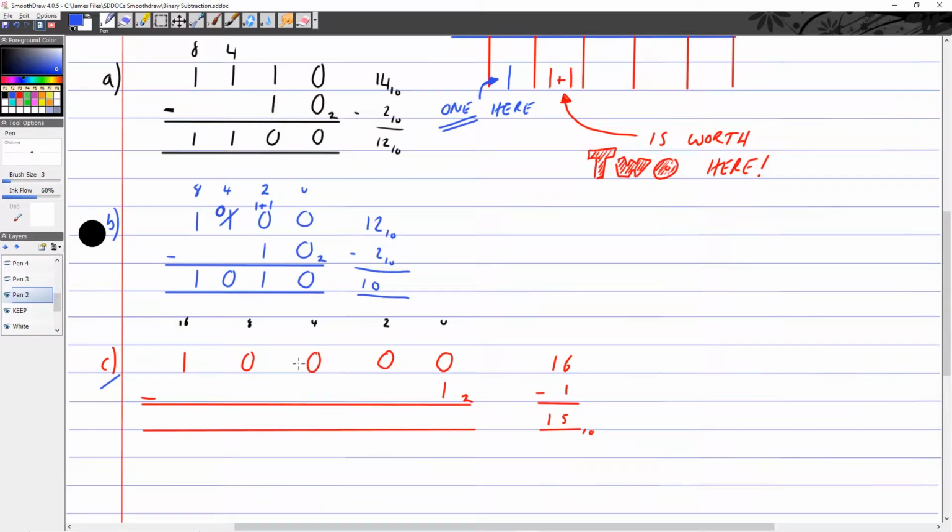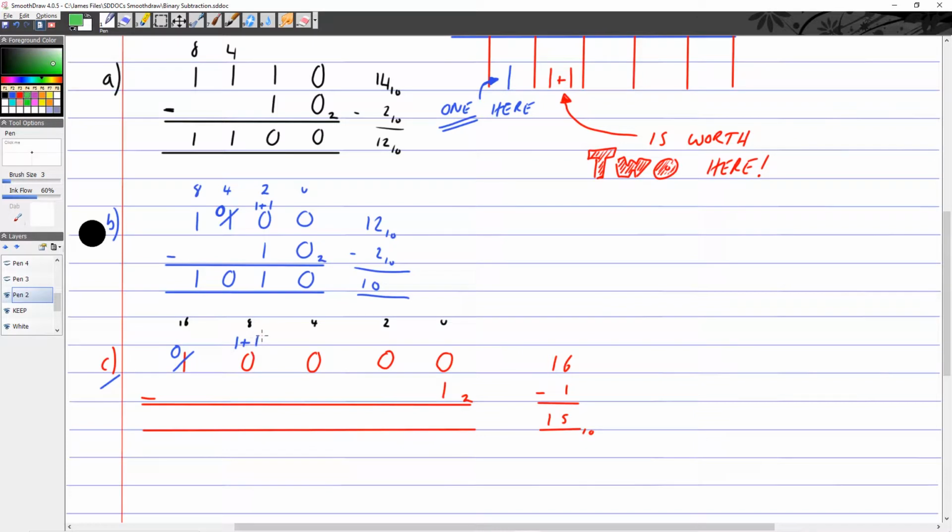We look to the next, and there's nothing to exchange. So we need to go right over to the next non-zero number in the top number. We need to change that 1 so it doesn't exist anymore into 2 of the next column, because 1 16 is worth 2 8s, but that still doesn't help us down on the right hand side.